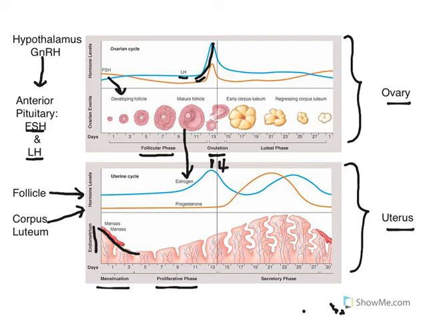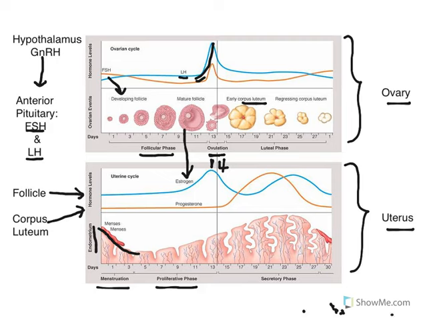Now, once ovulation occurs, the secondary oocyte goes into the fallopian tube, and the follicle that had housed the secondary oocyte now becomes the corpus luteum, Latin for yellow body.